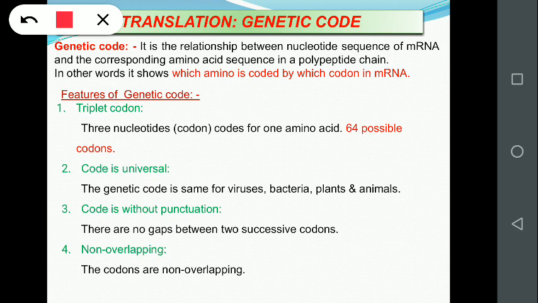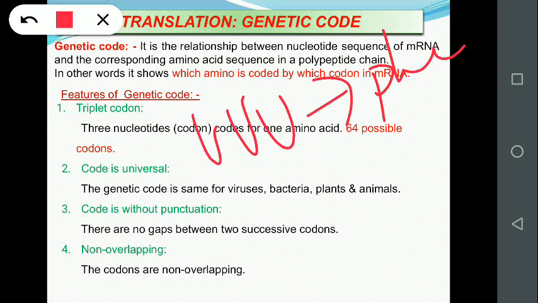So if I say UUU codes for phenylalanine, you may ask in which organism it codes for phenylalanine. Then I will say in any organism it codes for only phenylalanine. There is no difference in genetic code from organism to organism. From lower level organisms to higher level organisms, all follow almost the same genetic code. That is why the code is universal.